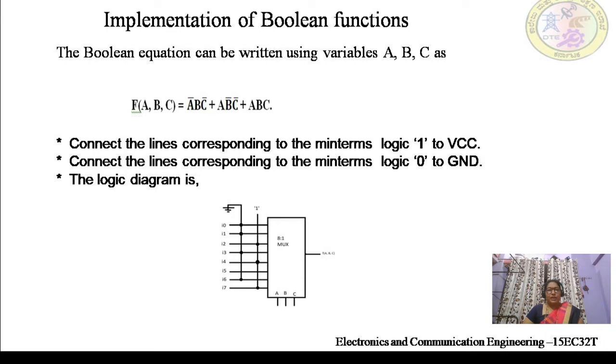In this 8 to 1 mux, there are 8 input lines: I0, I1, I2, I3, I4, I5, I6 and I7. And there are 3 select inputs, S2, S1 and S0, and these three select inputs are connected to the variables A, B, and C.